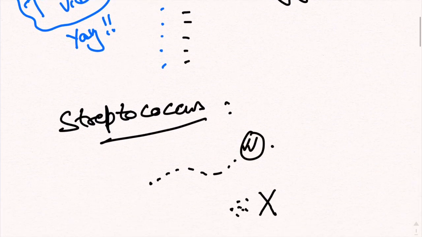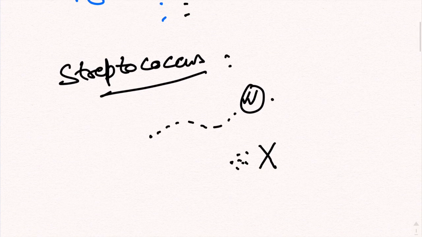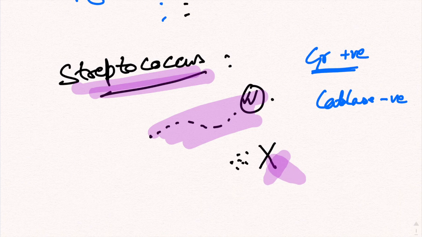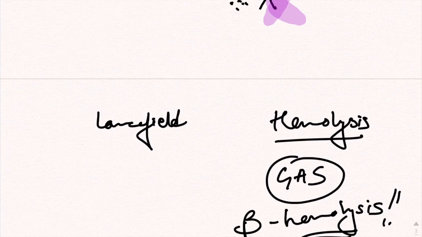All right, so coming on to Strep pyogenes, let me start by giving a bit of background on Streptococcus. Like I just told, they are gram-positive. I'm talking about all strep now. They are gram-positive but lack catalase. They occur in chains rather than in clusters. You can classify them based on either Lancefield's classification or based on the degree of hemolysis.